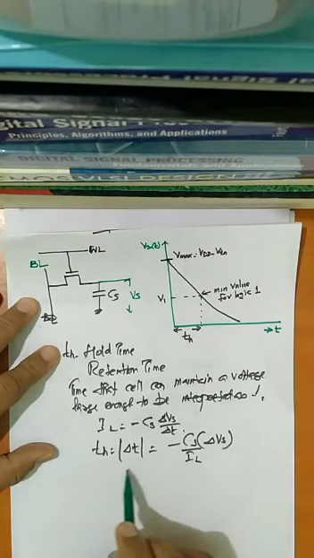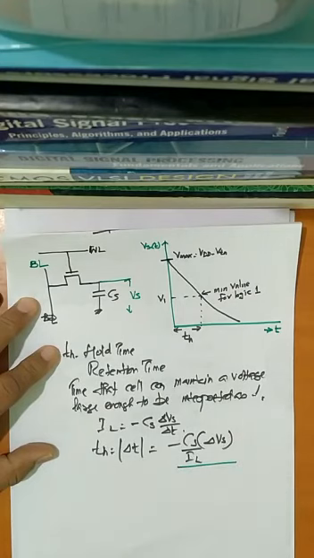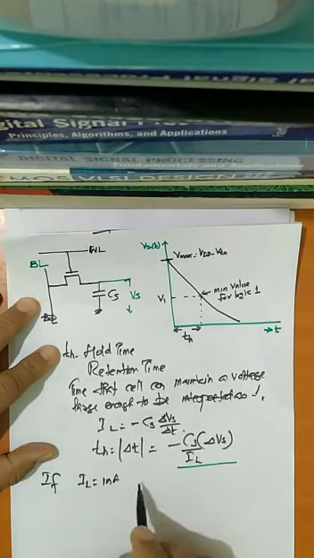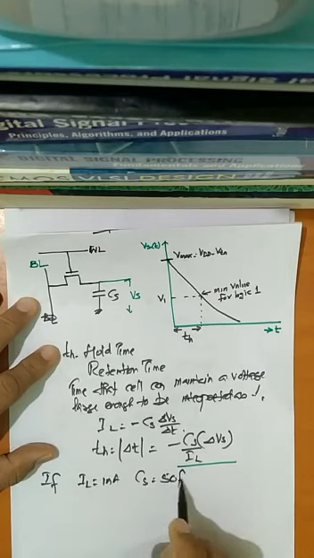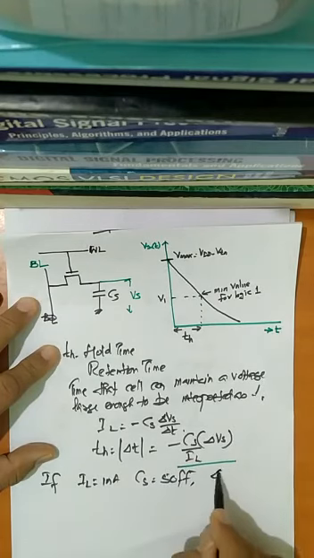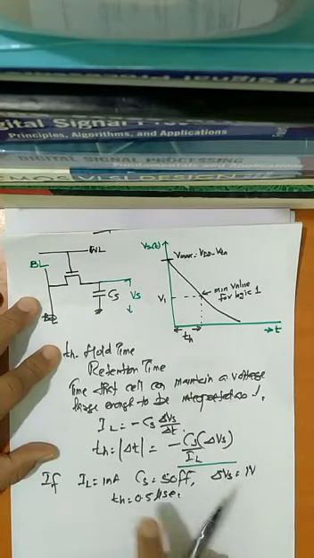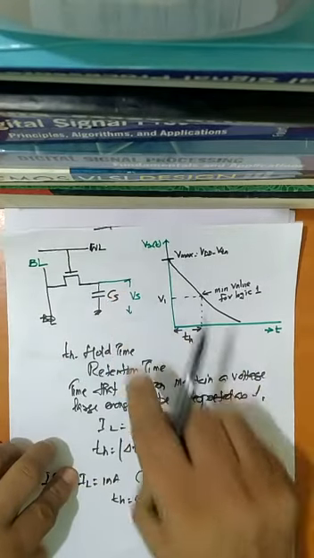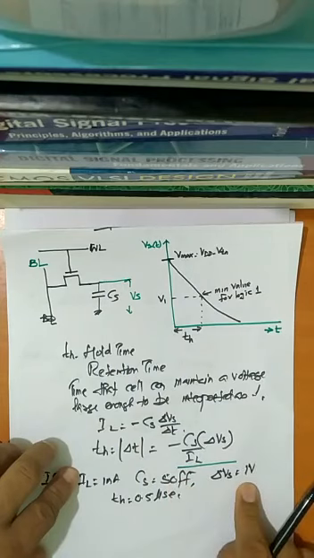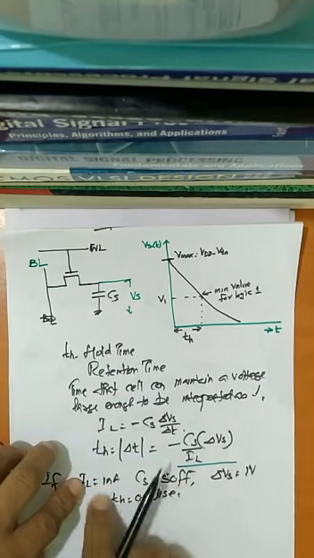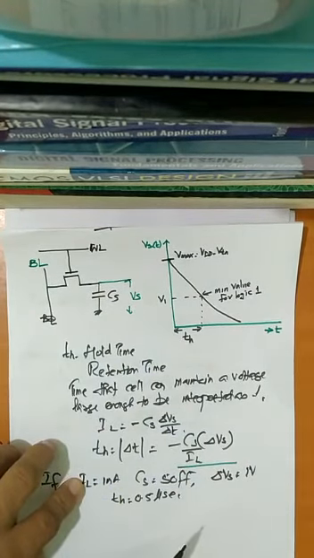Suppose IL equals 1 nanoampere, Cs equals 50 femtofarad, and delta Vs is 1 volt, then TH equals 0.5 microseconds. So if my leakage current is 1 nanoampere, I must refresh the cell every 0.5 microseconds.